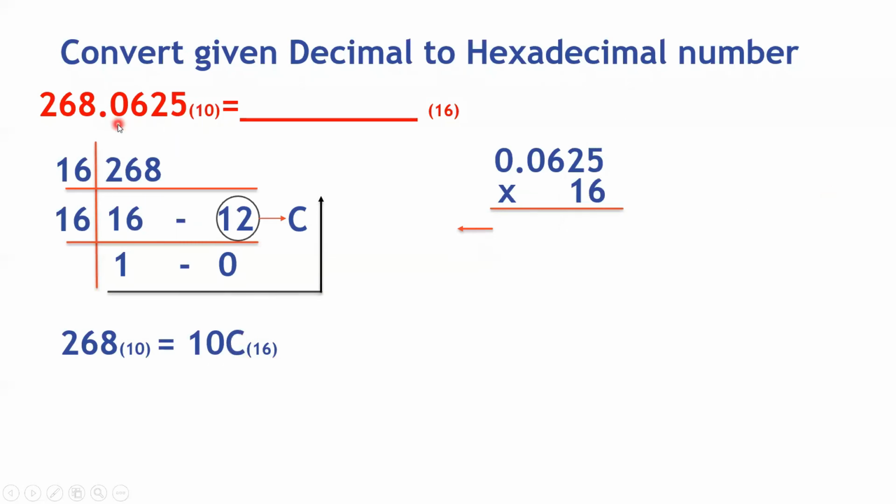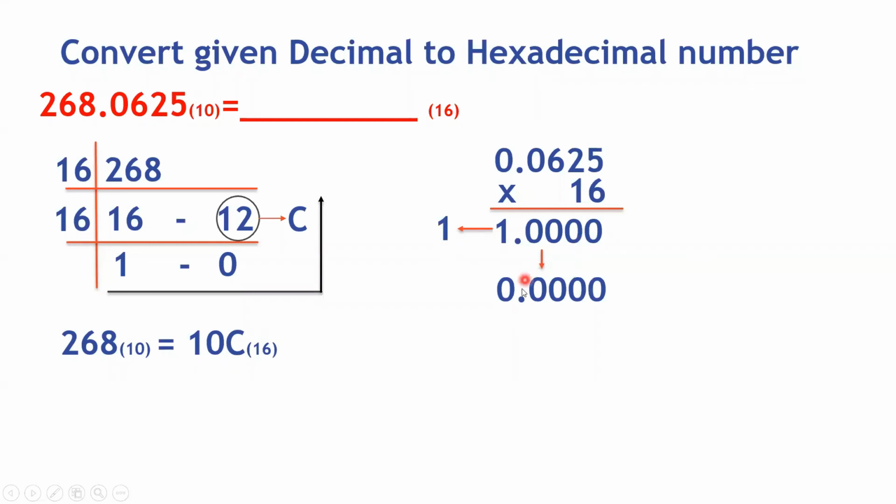Now let us take the floating point 0.0625. 0.0625 multiplied by 16. When you multiply, you'll get 1 as the answer. So 0.0625 into 16, just multiply and see. You'll get the answer 1.0000. 1 we have to keep outside because that is the rule.